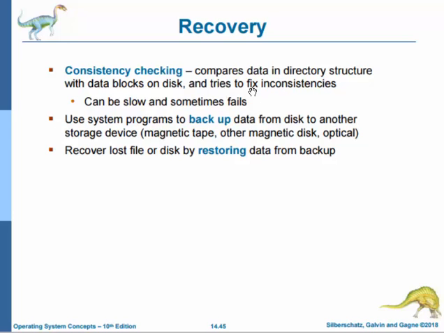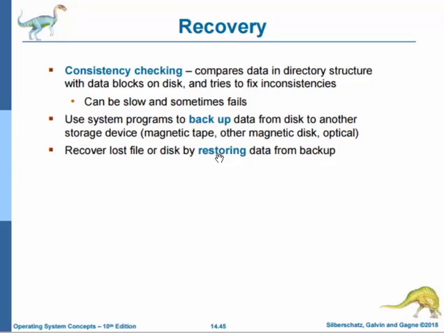So basically, to be able to recover, there is a mechanism used for consistency checking, which compares the data in the directory structure with the data blocks on disk and tries to fix inconsistencies, although it can be slow and sometimes there is no guarantee that it will succeed.